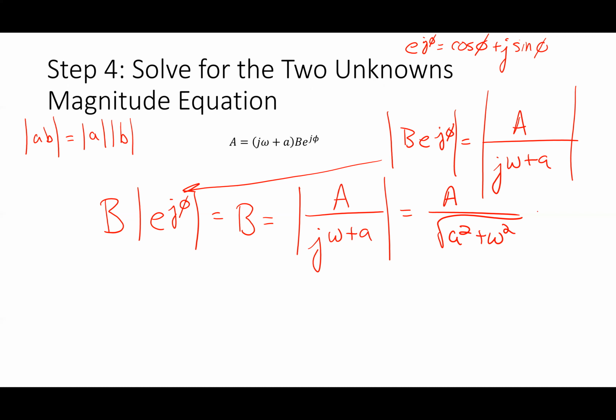Boom, I'm done. No trig involved in that at all. That's a lot easier, especially when these are numbers. So I've got my magnitude now. It depends on the magnitude of the input and the frequency I'm at. We're going to explore that a little later in the project.